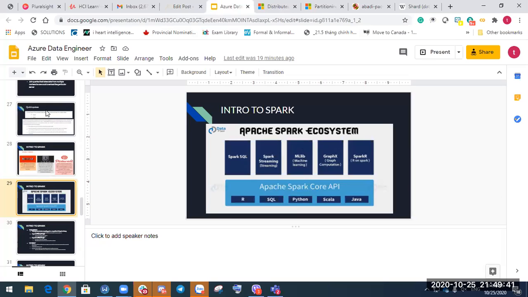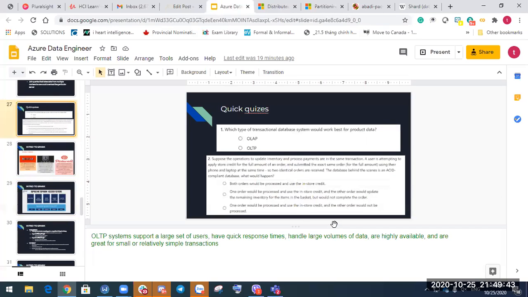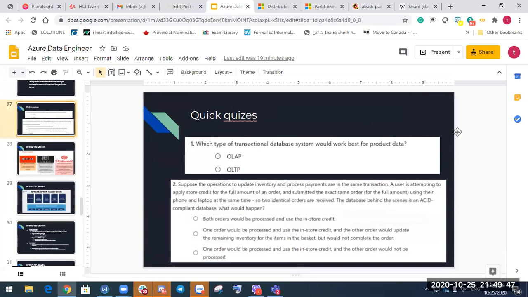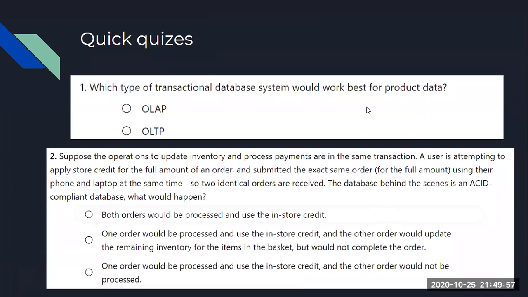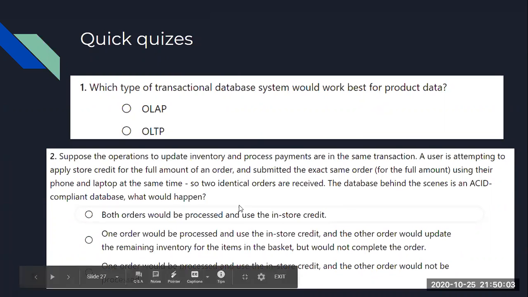Oh, sorry, I have one thing that I want to ask you guys. Here is the quiz. I hope everyone can see it. I got this quiz from Microsoft Learn, and I think it is very close to the content that we had in the last class. So could you guys guess the answer for this?